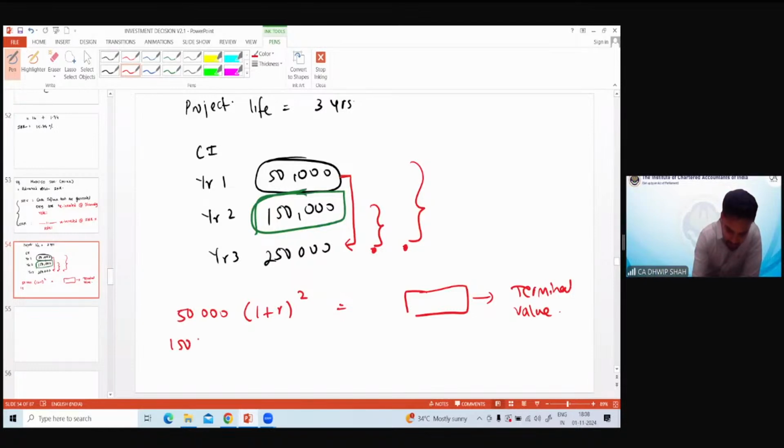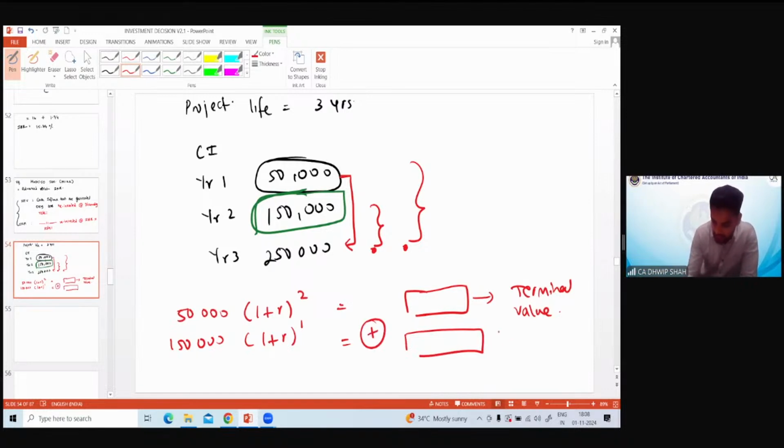Similarly, 1,50,000 will be reinvested at some rate, at the discounting rate or at my desired rate for another 1 year. So I will generate some additional cash inflows at the end of year 3. That is called terminal value cash inflow.